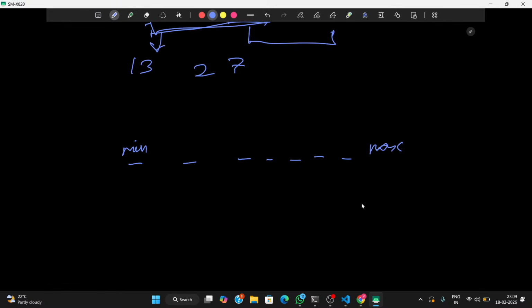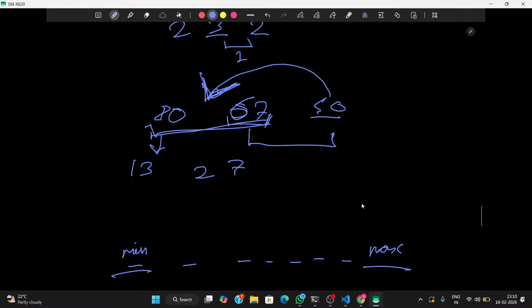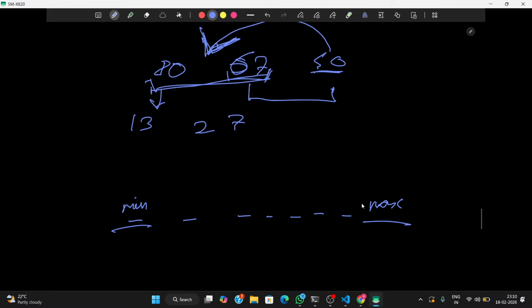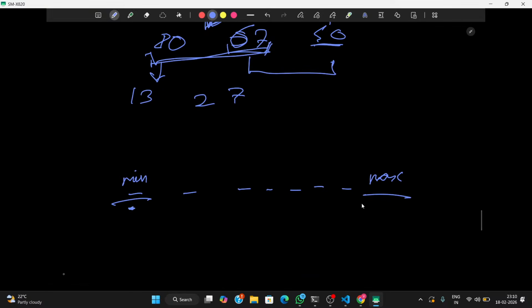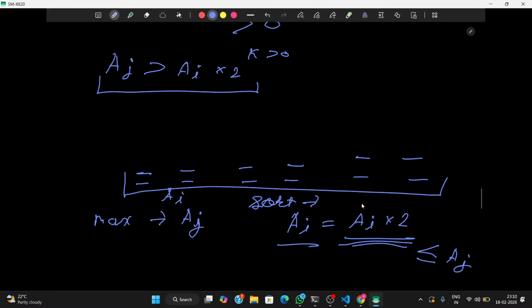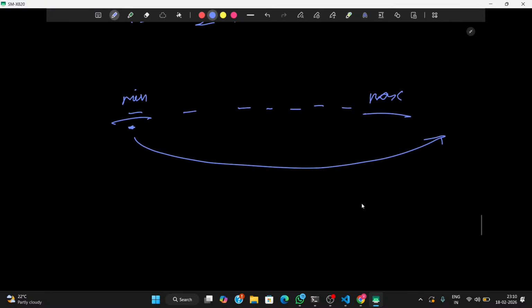So now the current answer is simply max minus min. But what we can do further is, as we saw here, multiply this min by 2, and it will become greater than max. If multiplying min by 2 didn't make it greater than max, then we would have already multiplied it earlier. So min into 2 will come here.